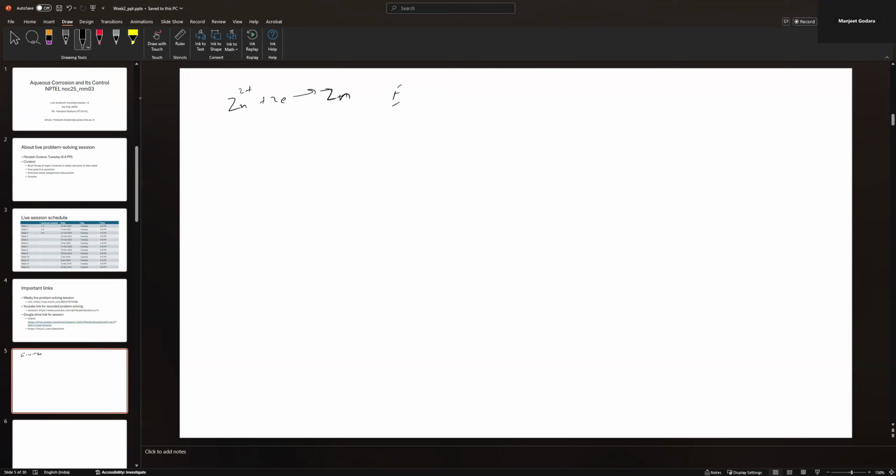The standard equilibrium potential is minus 0.763. So on the surface of the metal in the solution, there will be zinc and Zn2+ ions.